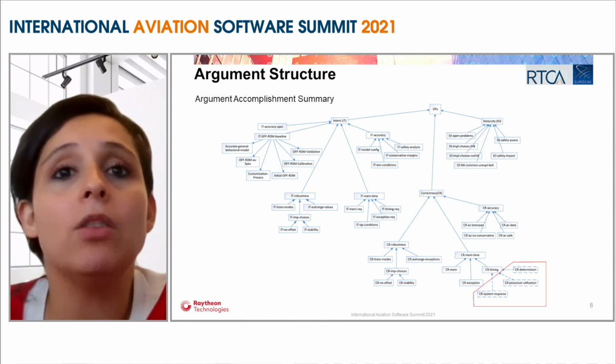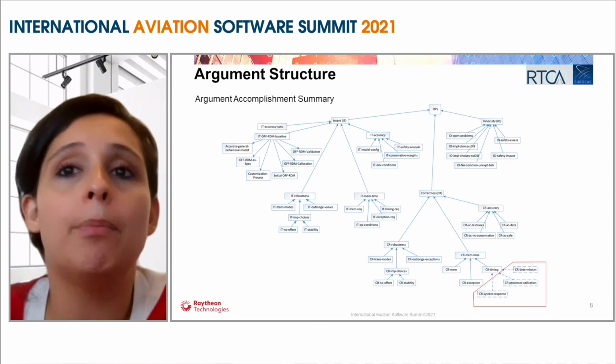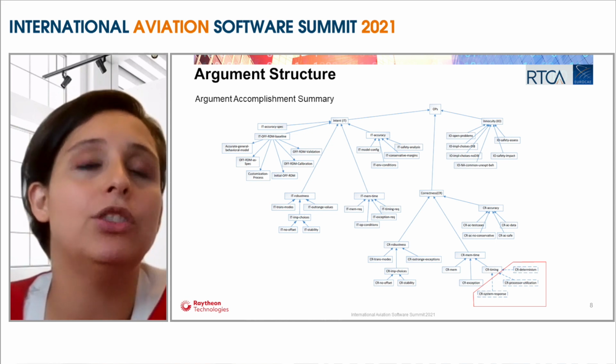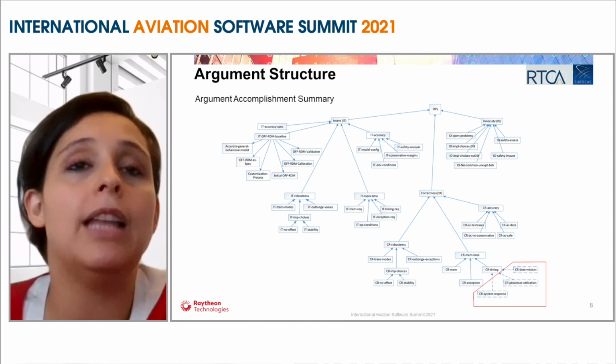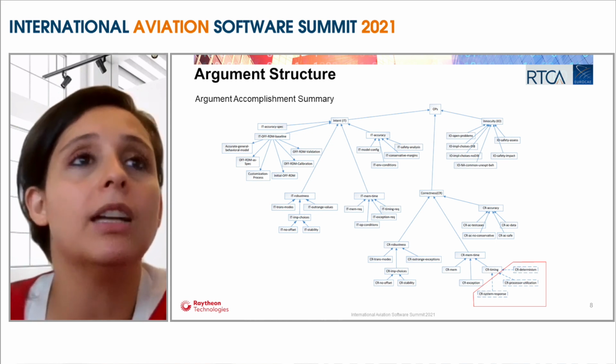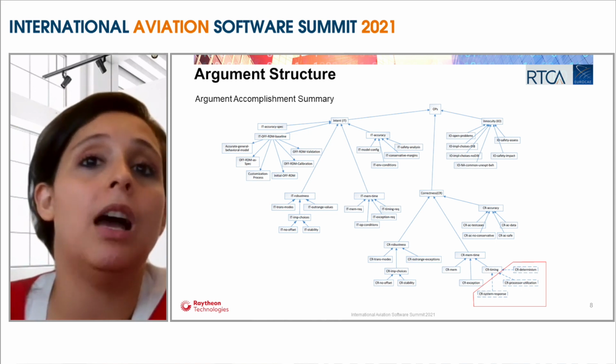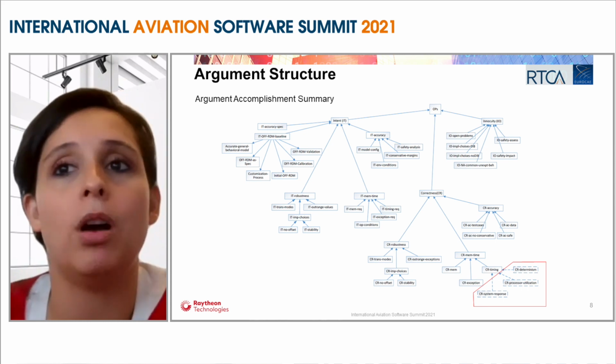So the argument that you see here in the red box is the portion of the argument that might be added during the execution phase. That means that the argument you see here is almost the planning argument, except for the 3 premises that you see in the box.